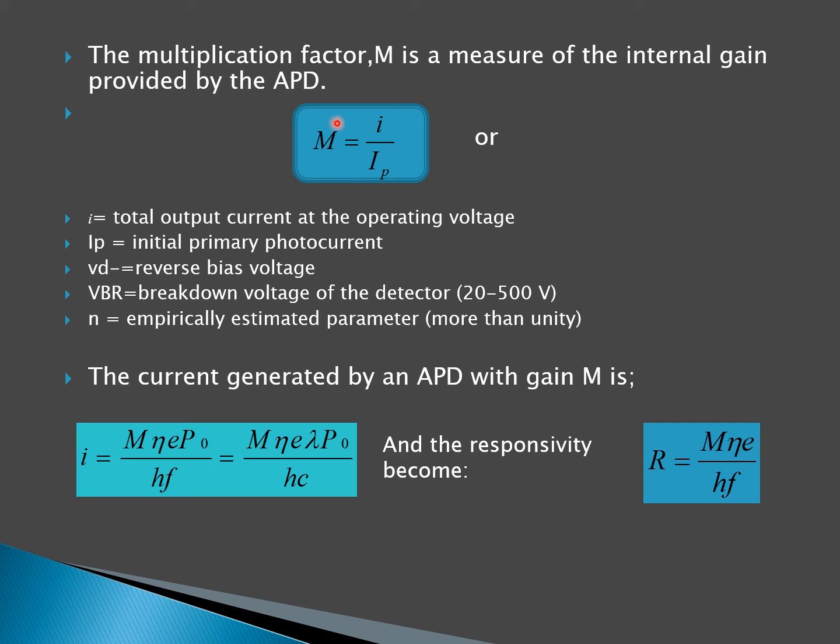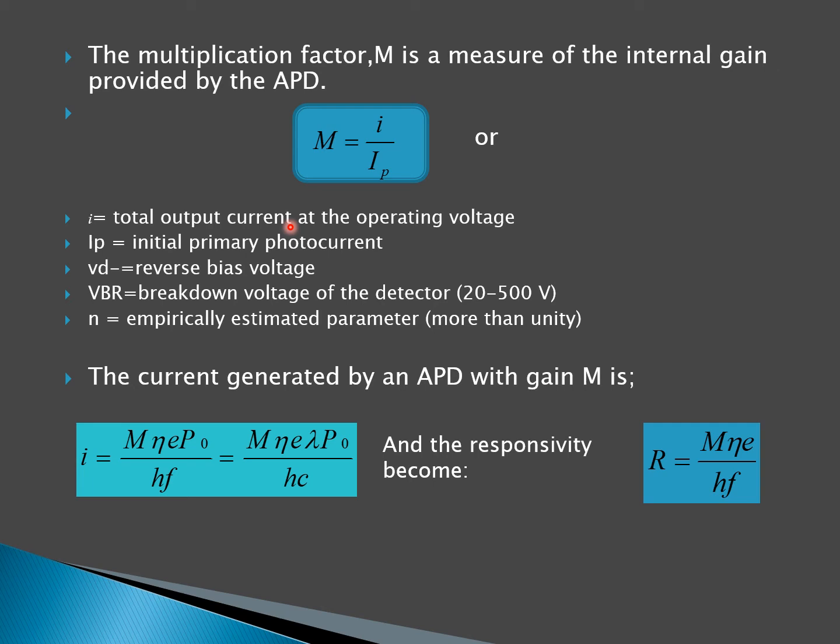The formula for M is I, the total current at the operating voltage, divided by IP, the initial primary photocurrent. That is the multiplication factor.